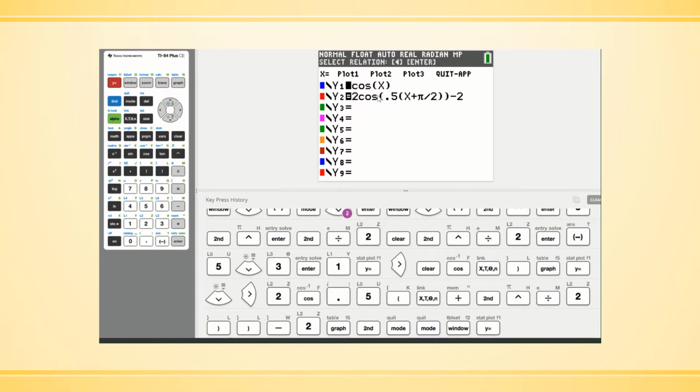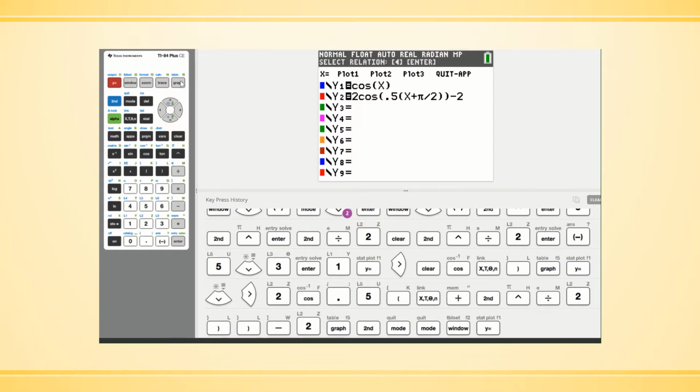Notice here how when I hit cosine, it brings up already a parentheses. Notice how I did the 0.5, the B factor, and then I added another parentheses to get the theta minus h. In this case, it's x plus pi over 2. Had to close the parentheses twice and then -2.